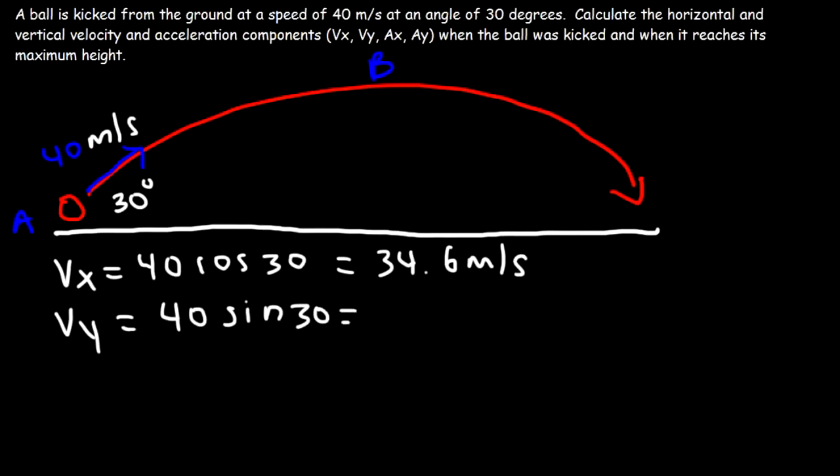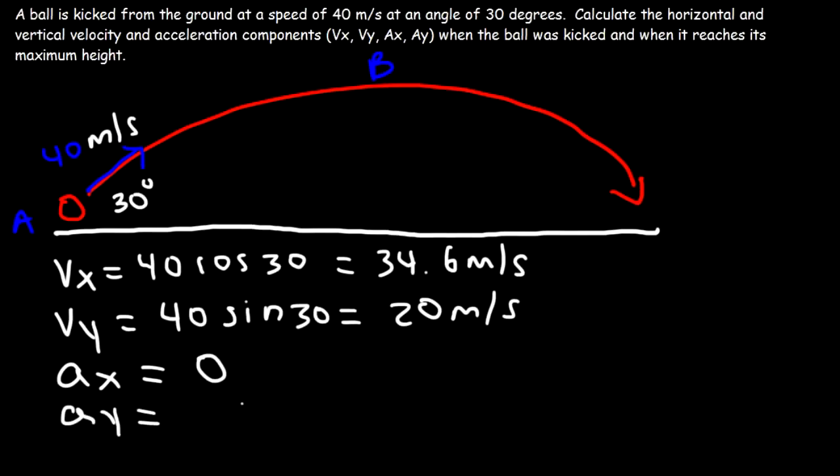Sine 30 is a half. Half of 40 is 20. The acceleration in the x direction for any projectile is always 0, by definition. The acceleration in the y direction is always negative 9.8 due to free fall, due to gravitational acceleration.